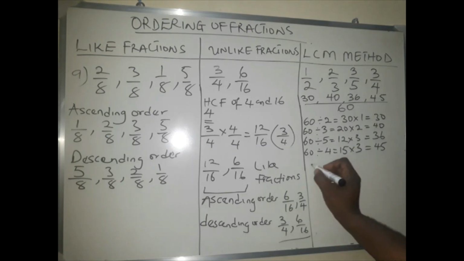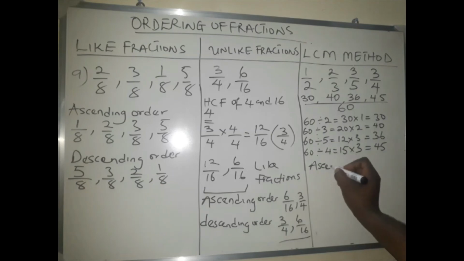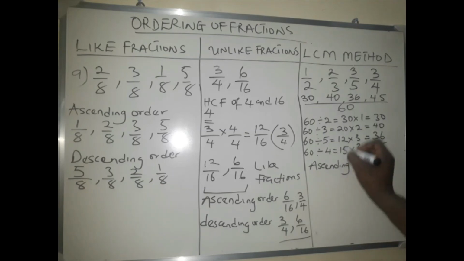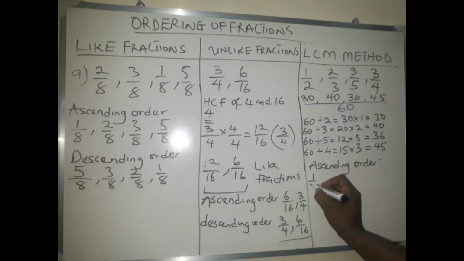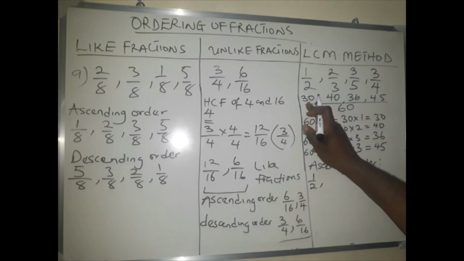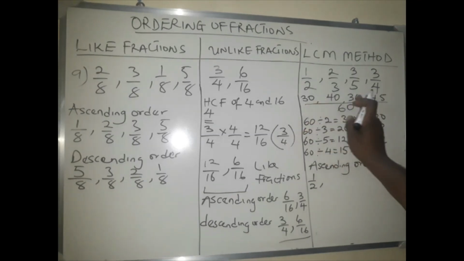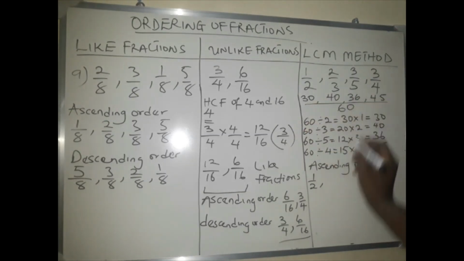So now if you're asked to arrange the fractions here in an ascending order, which is from the smallest fraction to the highest fraction, starting with the smallest fraction, which will give you 1/2. The next highest number after 30 is 36, which means that 3/5 is the next one.